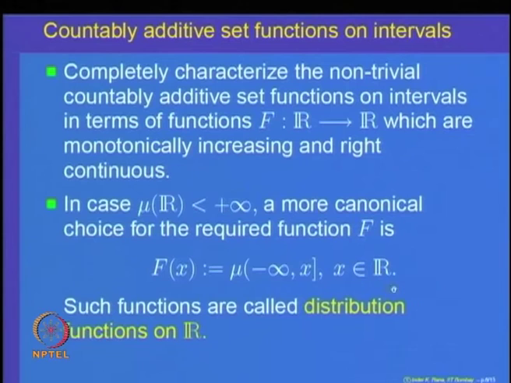We will just make a note of it: in case we have the finite condition that mu of R is finite, we will take mu f of x to be this function. So, we have characterized all countably additive set functions on the class of all intervals.